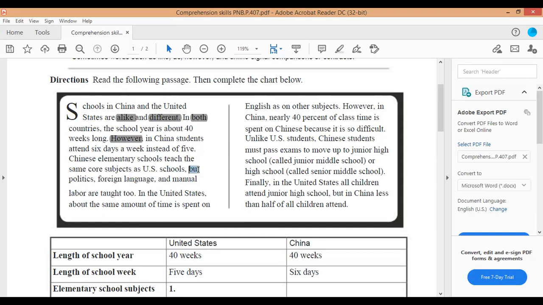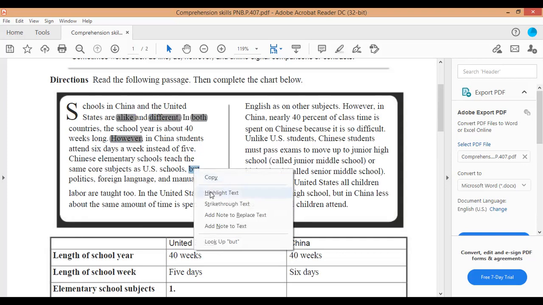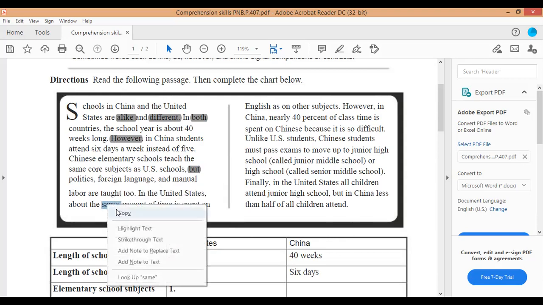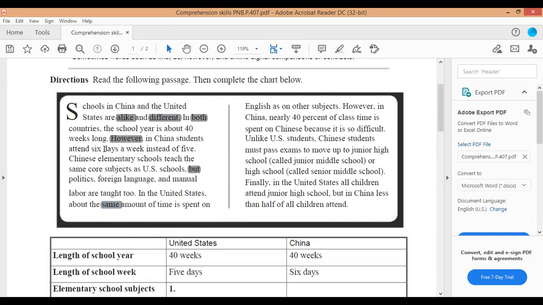What does the word same indicate? Yes, similarity. Politics, foreign languages, and manual labor are taught too. In the United States, about the same amount of time is spent. What does the same indicate? Similarity.